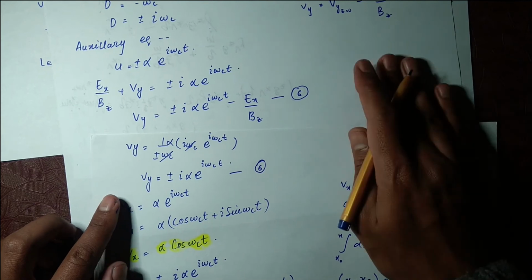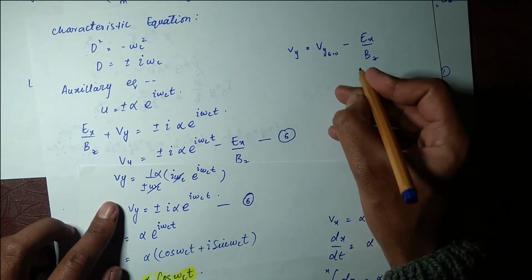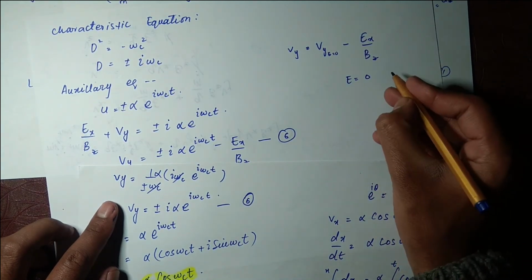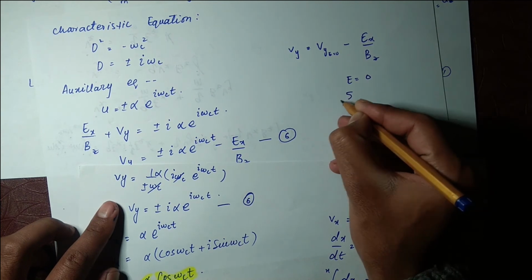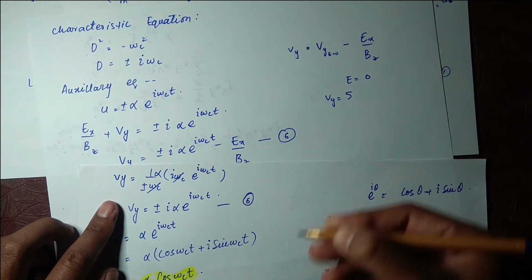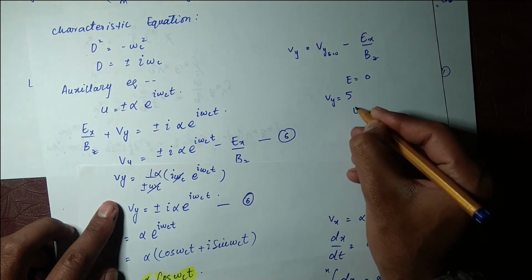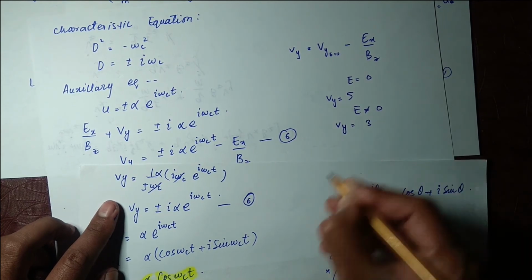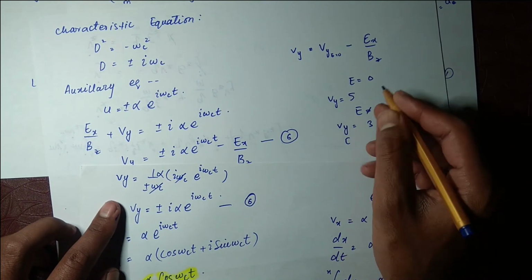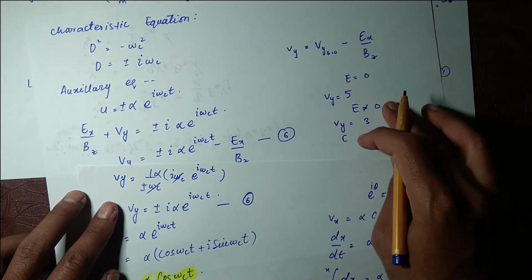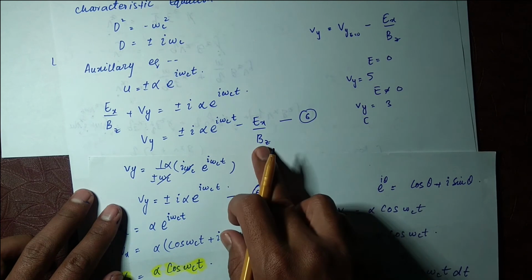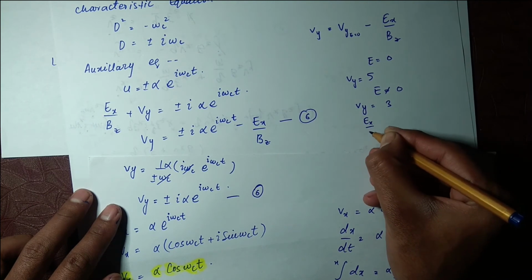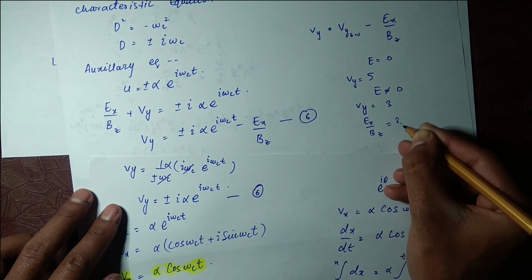Let's say that when E was equal to 0, v of y was equal to 5. But when E was not equal to 0, v of y equals 3. It means that it is subtracted by a factor, and that subtracting factor, E of x over B of z, is equal to 2.